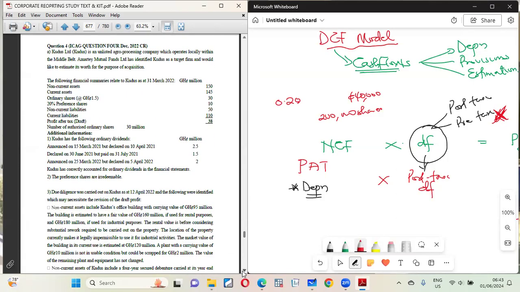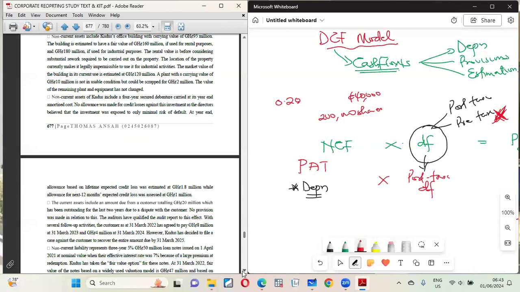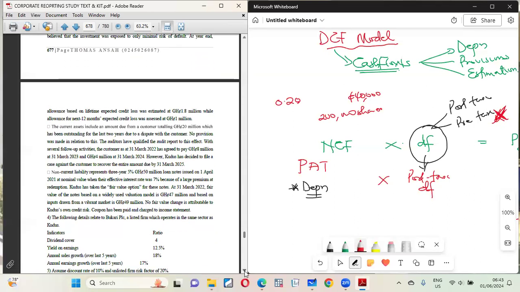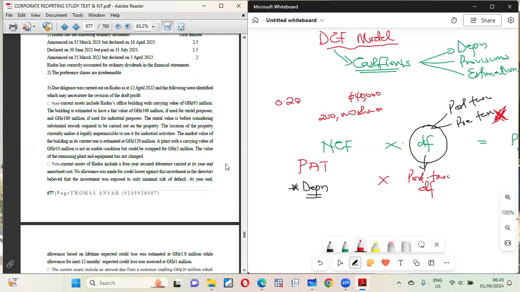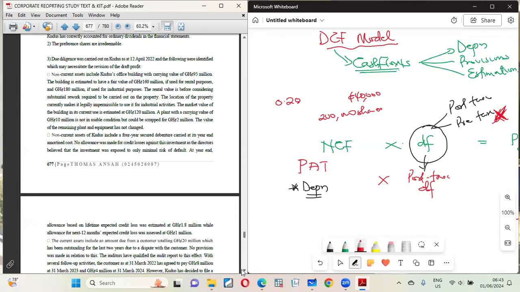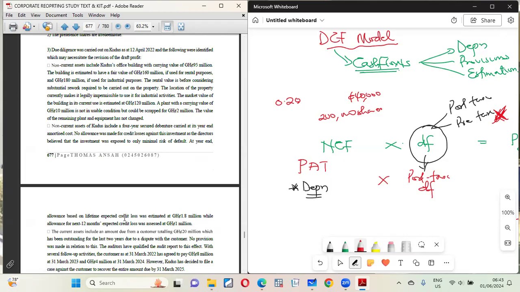So when you get it, it's very, very easy so far as you know your formulas. And sometimes some of the things inside the question, you may have to do 1 or 2 adjustments. For example, at the end of the year, allowances based on lifetime expected credit loss was this. So before you value an asset, the receivables in there, make sure you have applied the IFRS 9 expected credit loss.